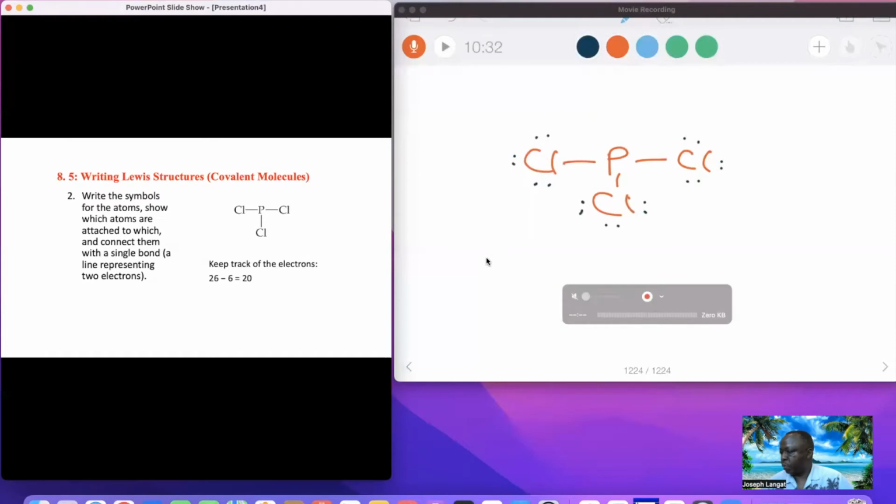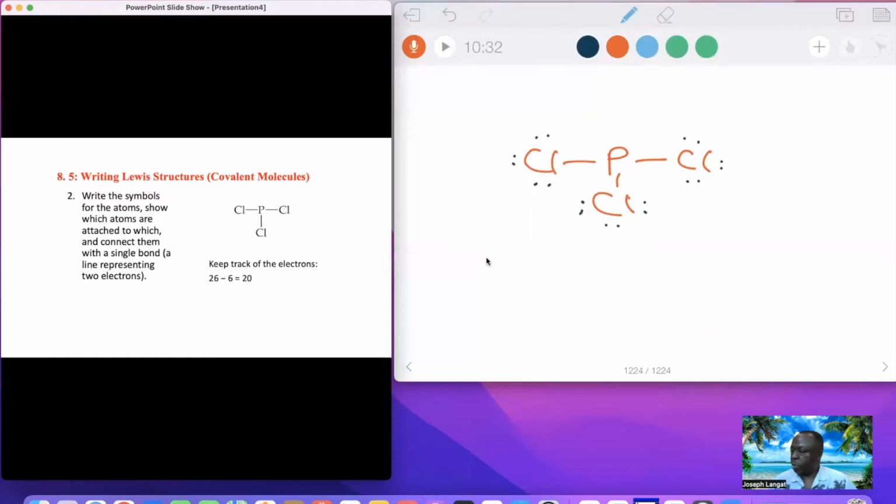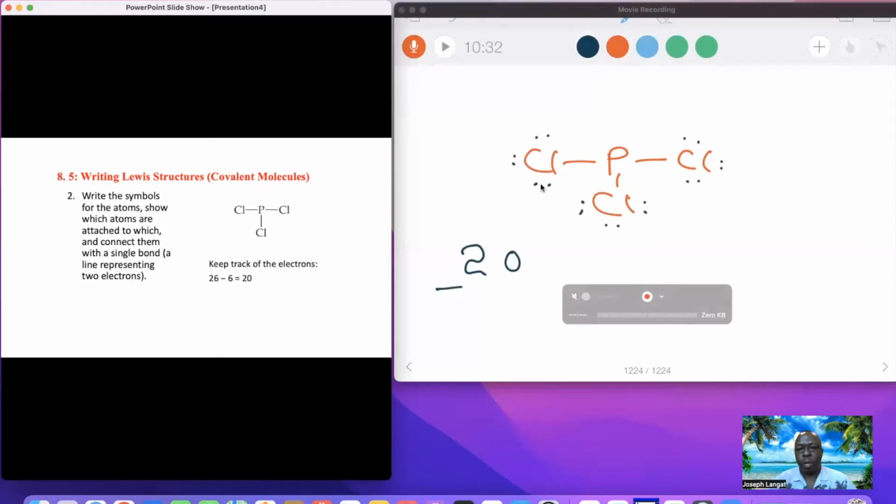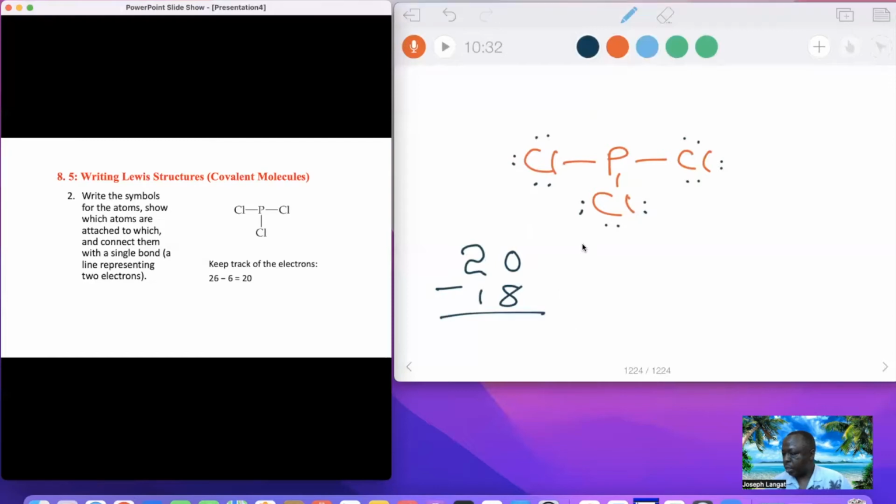So whatever was left, 20 minus 18, this will give us 2 electrons. Whatever is left, just put it on the central atom.